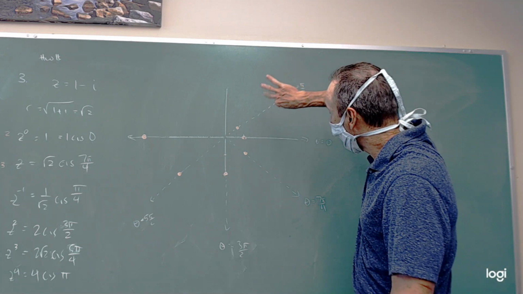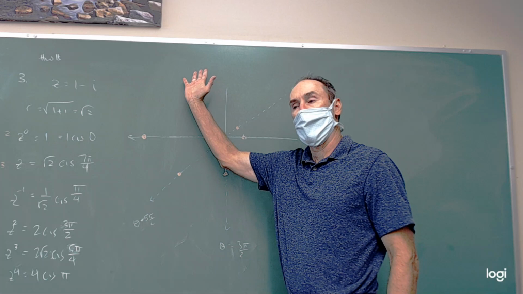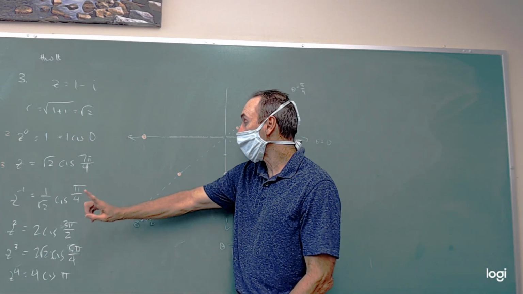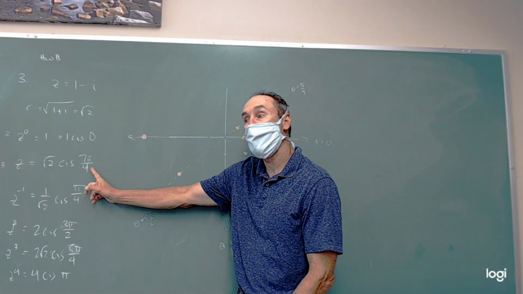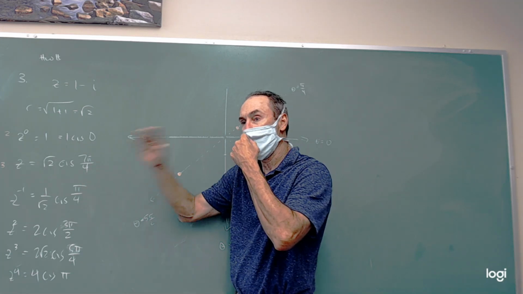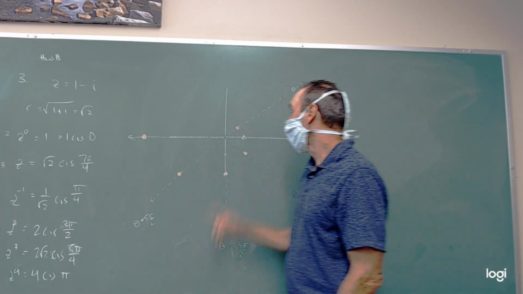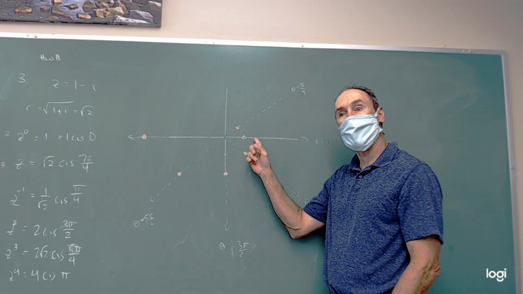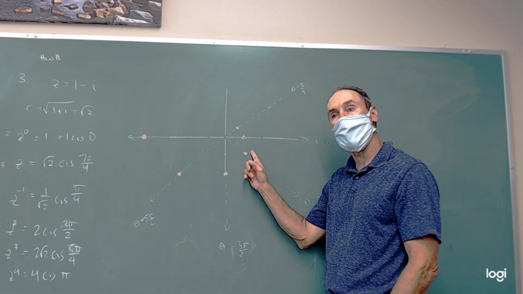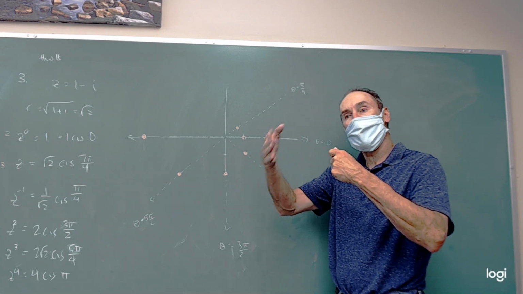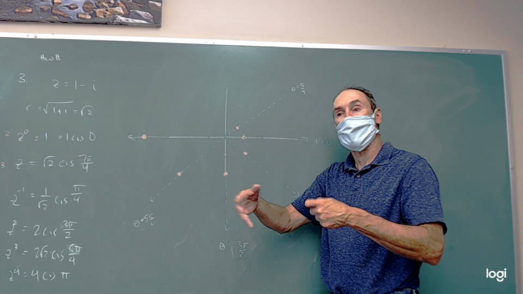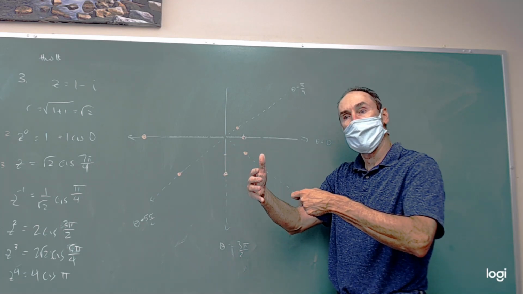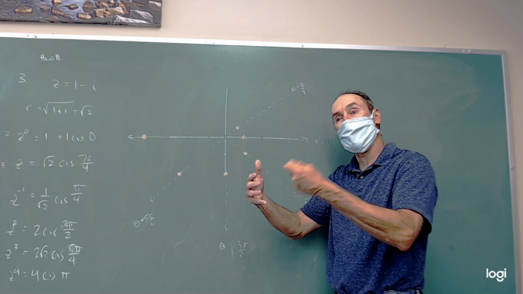Yes. So you're spiraling out here, and whatever that first angle was, and it might have been nice to think of it as negative pi over 4 in this case, because anything to the 0 is going to be 1. Whatever that first angle is to z, in this case negative pi over 4, every time we multiply by z again, z squared multiplies the z to the first by z, z cubed multiplies the z squared by z.